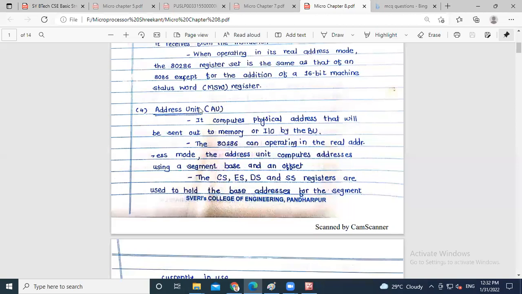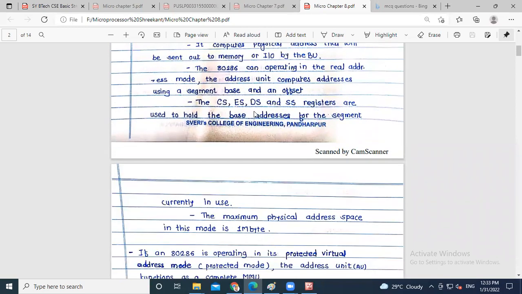The address unit we also studied. It computes the physical address that will be sent out to the memory and the input and output by the bus interface unit or bus unit. The 80286 can operate in the real address mode, and the address unit computes addresses using a segment base and the offset. So what are the segment base and offset here? The code segment, extra segment, data segment, and stack segment registers are used to hold the base addresses of the segments currently in use.